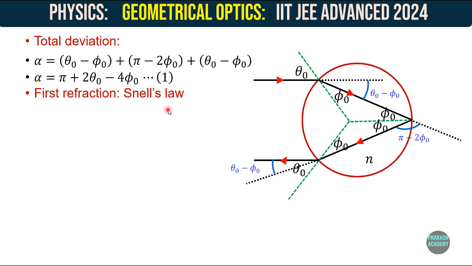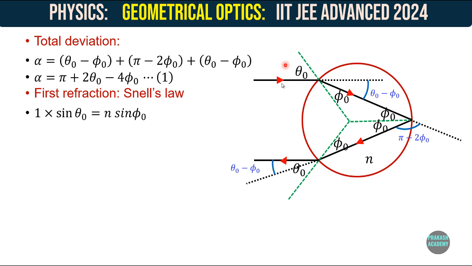Now I will use Snell's law on this surface and this surface and this surface, and finally I will get the corresponding relation. So let us apply Snell's law on this surface, that is the first refraction. On this surface I can say n1 times sin theta equals n2 times sin theta, or you can say angle of refraction.